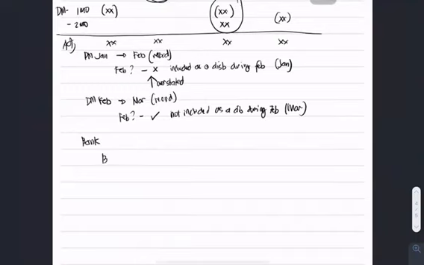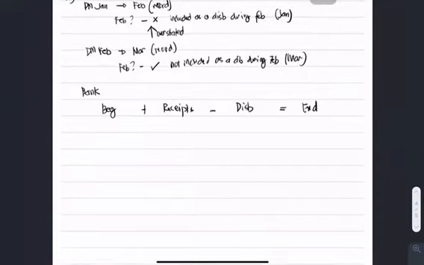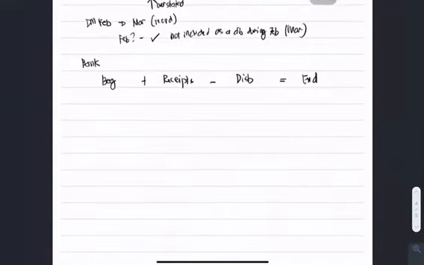So still we have your beginning, we have your receipts, and we have your disbursement, including the ending bank balance. So beginning plus receipts plus disbursement will give you your ending. And what are the bank reconciling items? We have your deposit in transit and outstanding check.